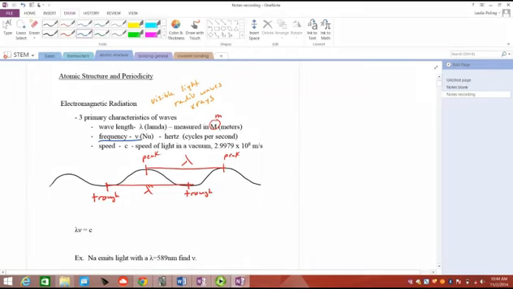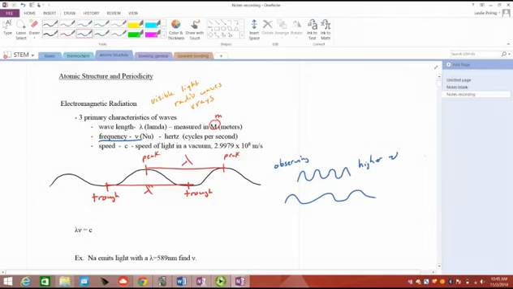Frequency, which is new, is cycles per second. So if we were observing the wave from here, a certain number of cycles, a certain number of peaks would pass in a given amount of time. Okay?